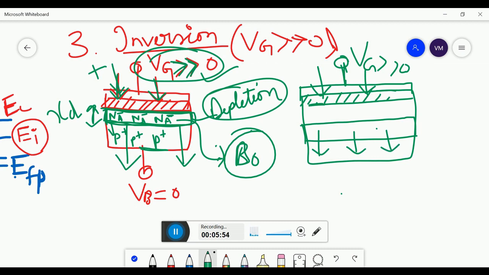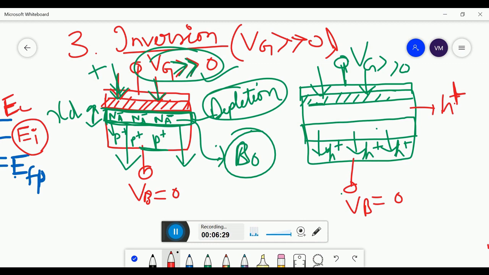Once this depletion layer moves downward, what is beneath this? Beneath this are majority charge carriers, holes. And what is left behind? Please think for a while and tell me what is left behind. What are the contents of this p-type semiconductor? This p-type semiconductor contains holes, which are majority charge carriers.